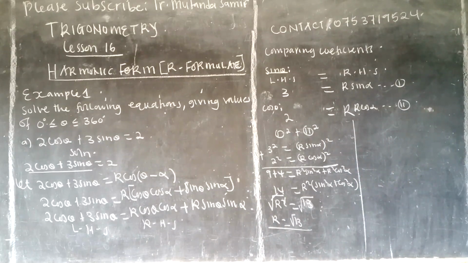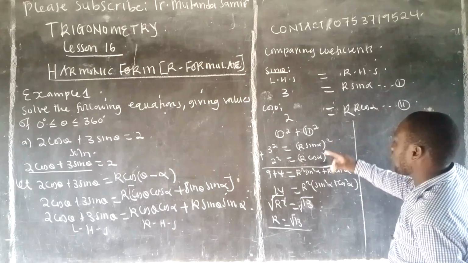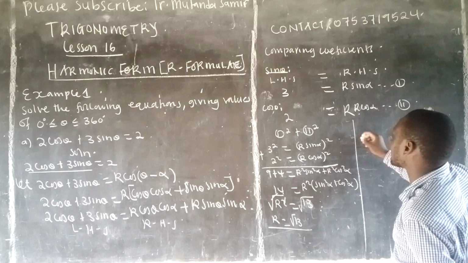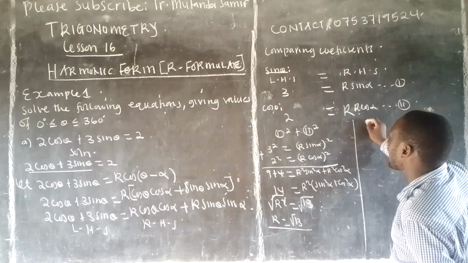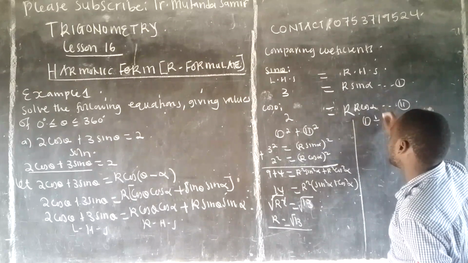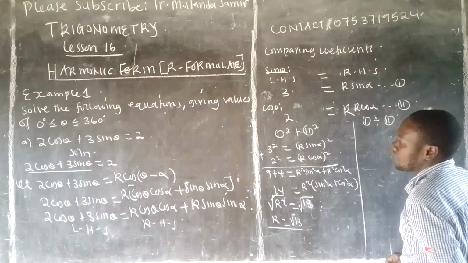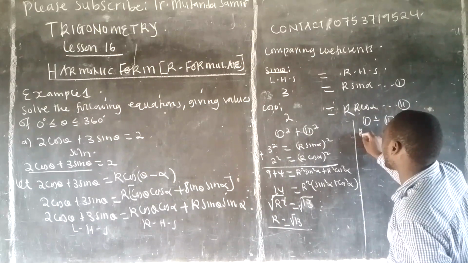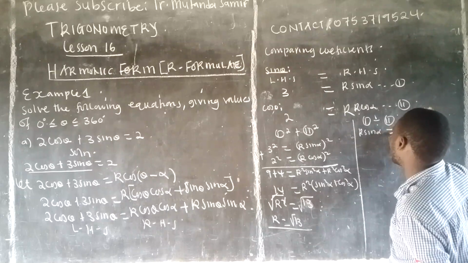Now how shall we get the value of alpha? We have squared equation 1, plus equation 2 squared, which gives us that. Now equation 1 divided by equation 2 can also give us something new. Equation 1 is r sine alpha is equal to 3.